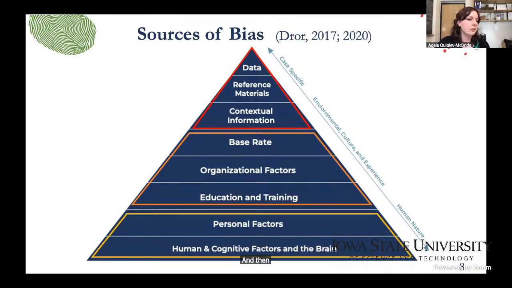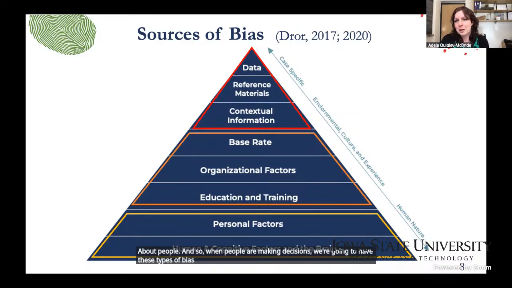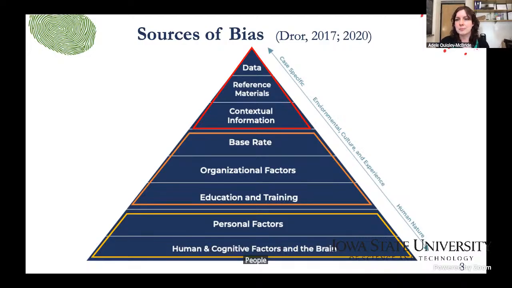And then even further out is you have things that are just about people. And so when people are making decisions, we're going to have these types of bias happening because people make decisions in particular ways. They might be influenced by personal factors or individual differences, such as risk aversion.